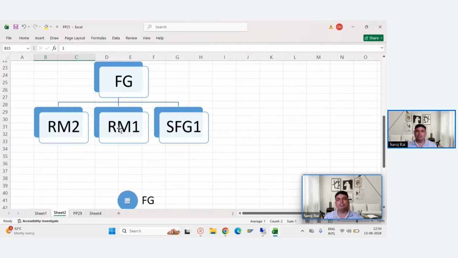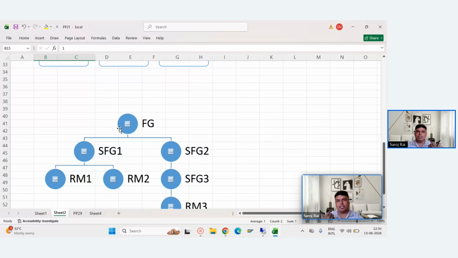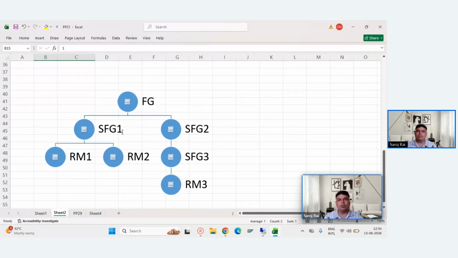Apart from single level, there is multi-level. Suppose I want to produce my FG. Its first-level ingredients are SFG1 and SFG2. To produce SFG1, I require two raw materials, RM1 and RM2. Similarly, SFG2 production requires SFG3, and SFG3 is produced from RM3.